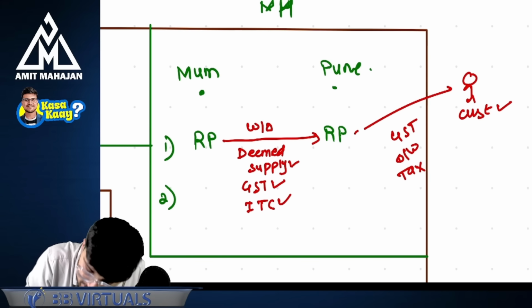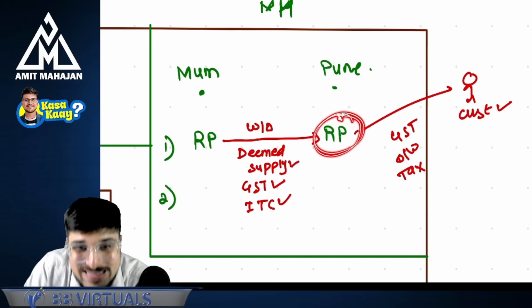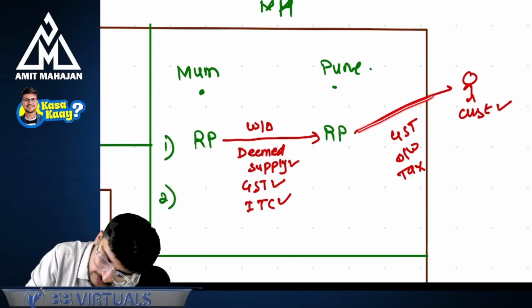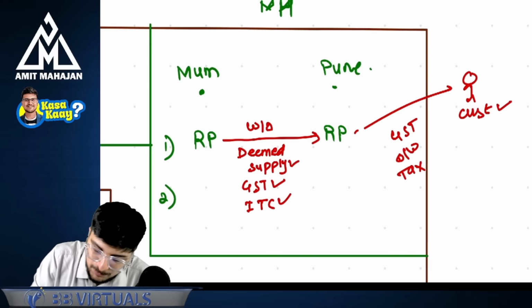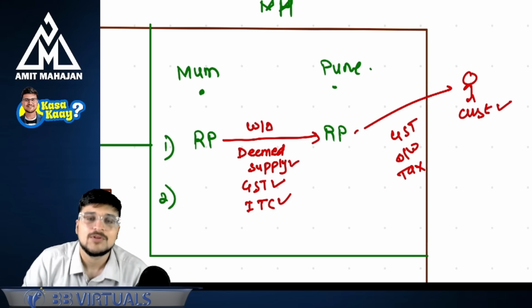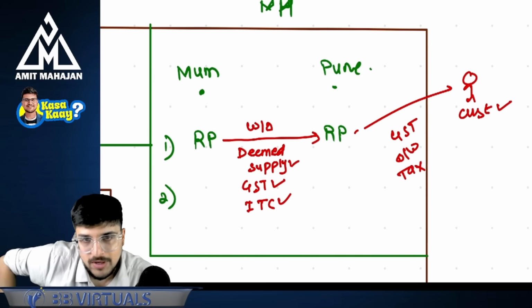So can I say even though Pune office is paying the tax at the time of purchase, Pune office will be able to take the ITC of that particular amount. So whenever for the outward supply which Pune is making, at that point of time, Pune office will be able to take the credit of this particular amount. So now tell me, is there anything wrong which is happening with Pune office? No. Even though right now Pune office is paying tax, Pune office is going to get a credit of that particular amount. Okay, understood.